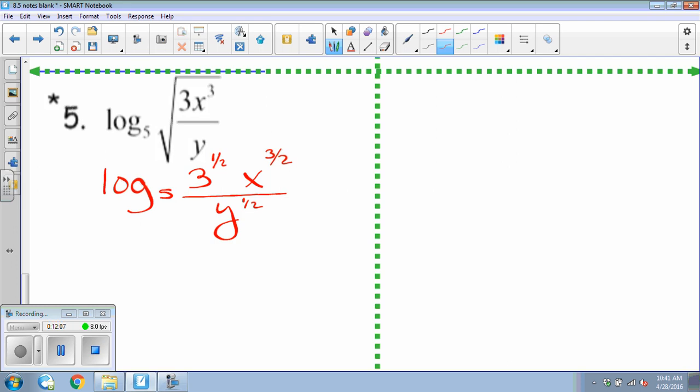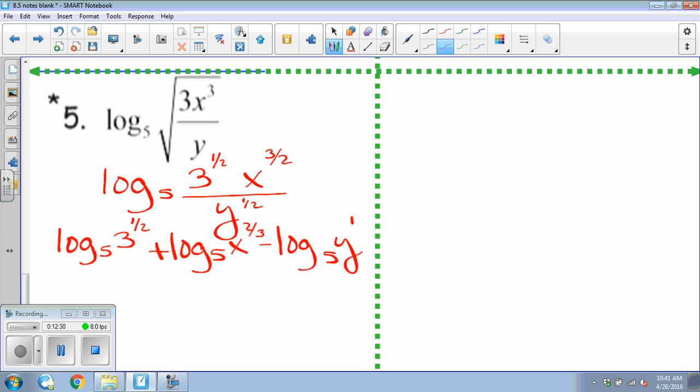Okay, so now we can separate them. The last thing we're going to do is move our exponents to the front. So that's log base 5 of 3 to the 1/2 power plus log base 5 of x to the 3/2 power minus log base 5 of y to the 1/2 power.